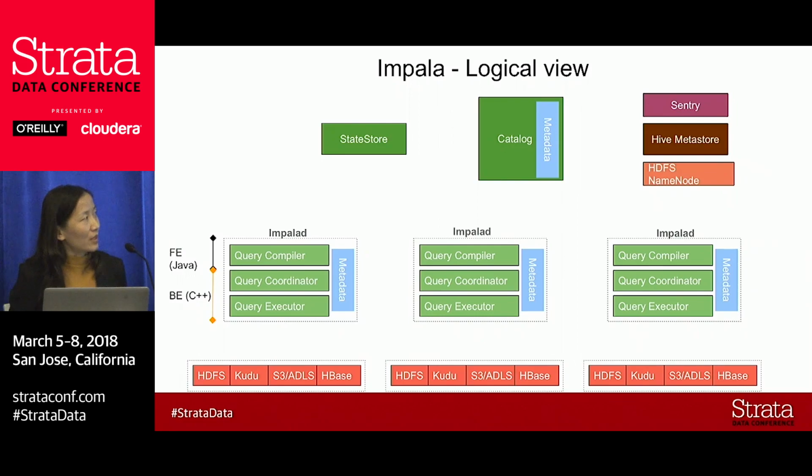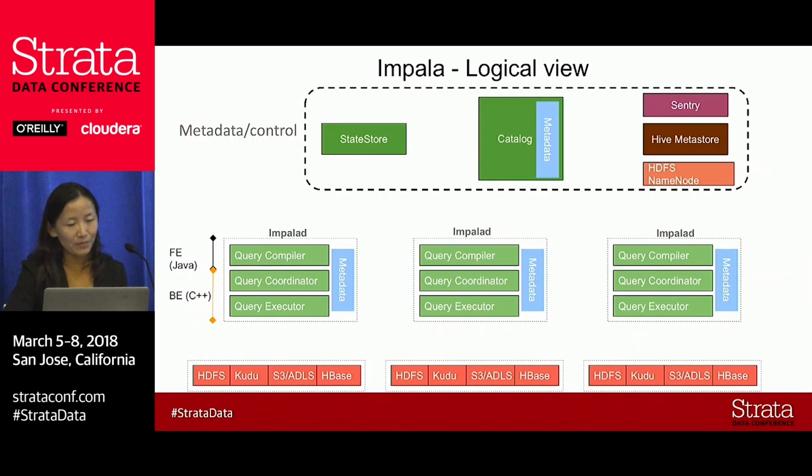So let's quickly review Impala's architecture. That probably can help you understand a lot on the architecture side. The Impala service has three roles here: the catalog, the state store, and the Impala daemon. The catalog is the one doing the metadata cache.